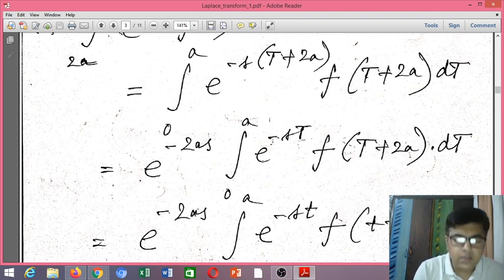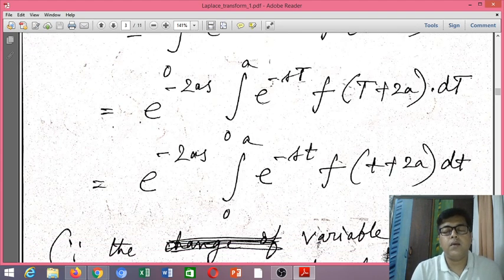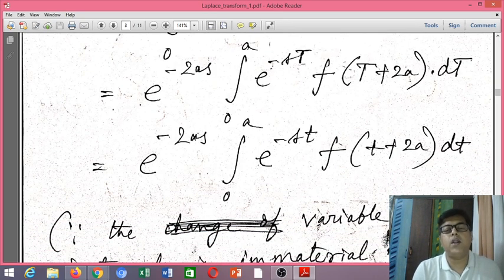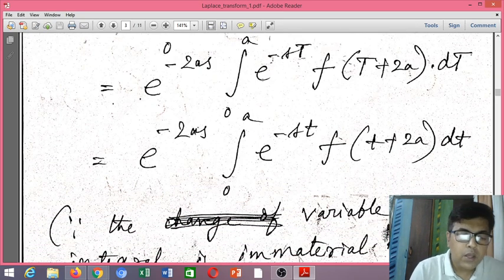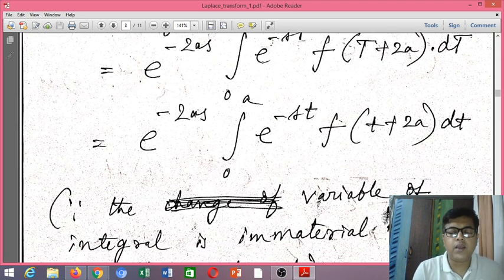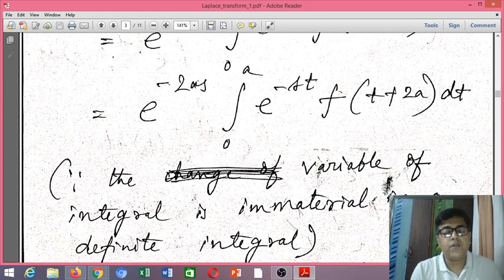Then, like in the previous case, we write small t in place of capital T, which we can always do because the variable of integration is immaterial in a definite integral. What matters is the integrand. So if I write small t in place of capital T, it does not affect the integral.